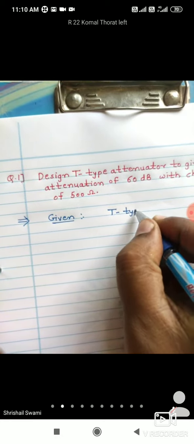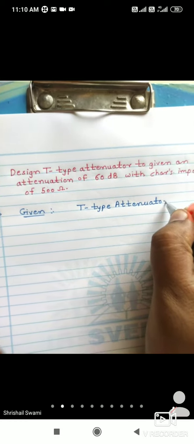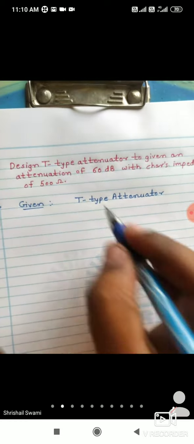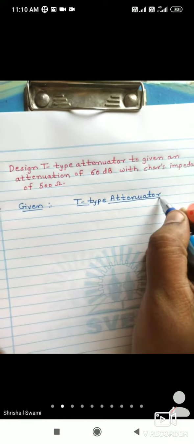So what are the given things? You can note down first of all which attenuator you are going to design, so that it will be easy for writing the equations or formulas. So T-type attenuator I am going to design.